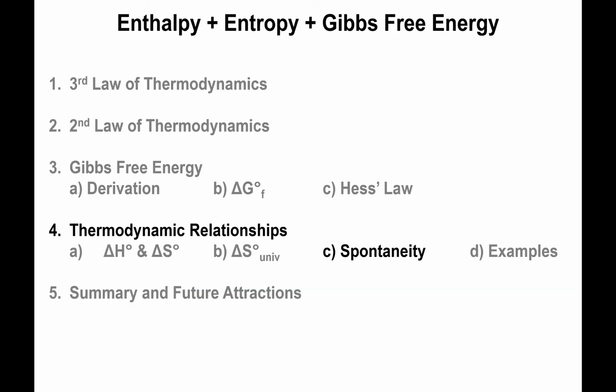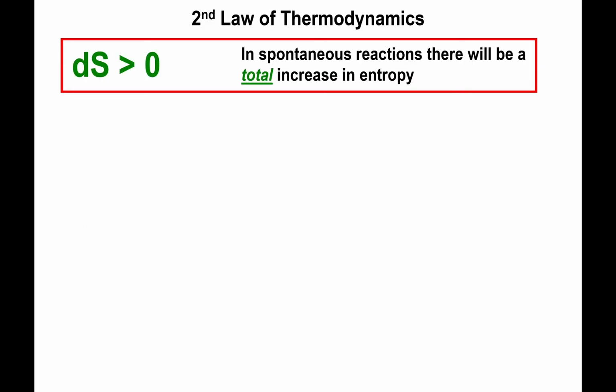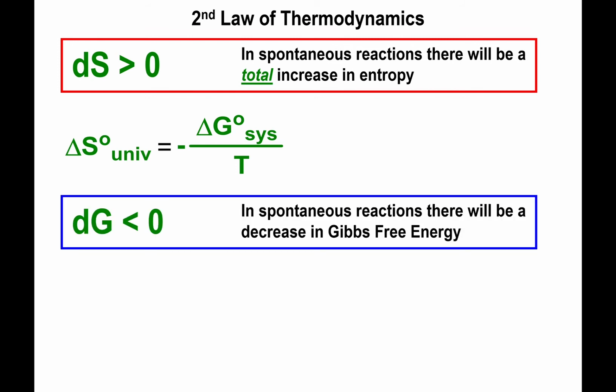Alright, now let's talk about spontaneity. Because delta S of the universe has to increase for the process to be spontaneous, and delta S of the universe is equal to negative delta G system over T, this tells you that delta G has to be negative for the reaction to be spontaneous.